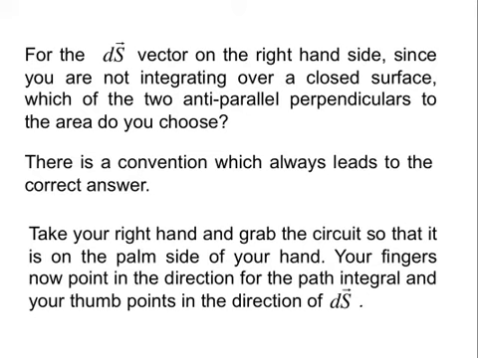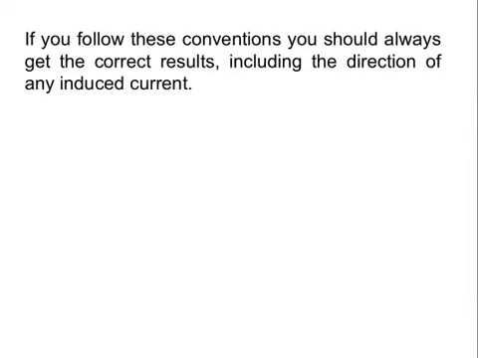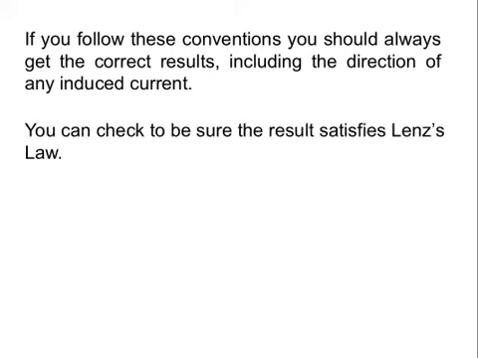Take your right hand and grab the circuit so that it is on the palm side of your hand. Your fingers now point in the direction for the path integral, and your thumb points in the direction of the ds vector. If you follow these conventions, you should always get the correct results, including the direction of any induced current.